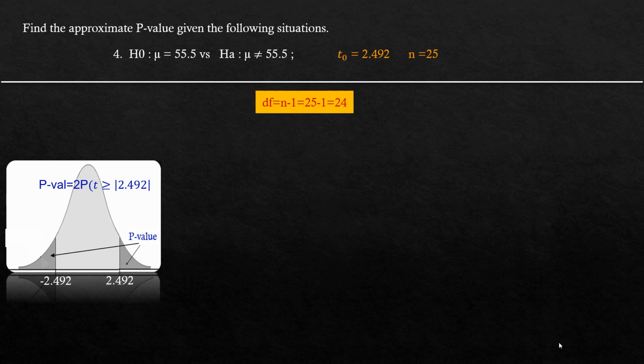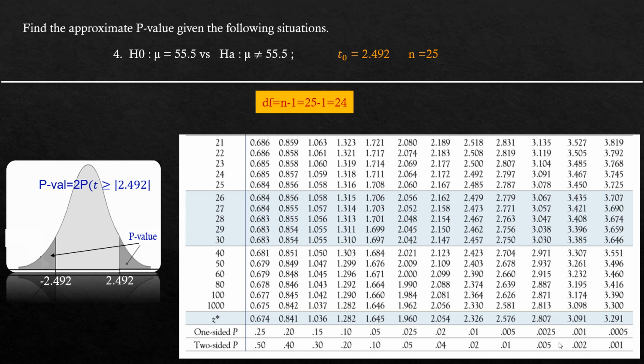What is the meaning of this? It is the area under the curve to the left of negative 2.492 plus the area under the curve to the right of 2.492, the summation of these two areas. First, go to the t table and find the degrees of freedom 24.